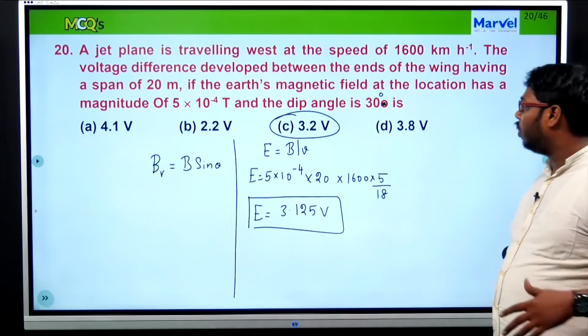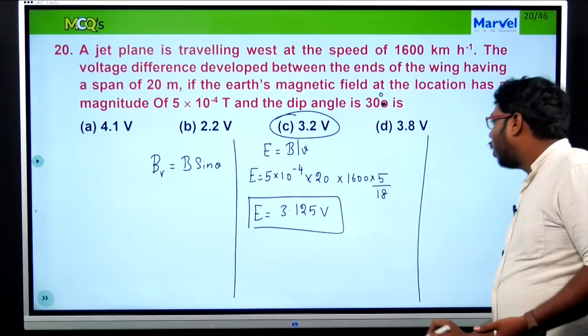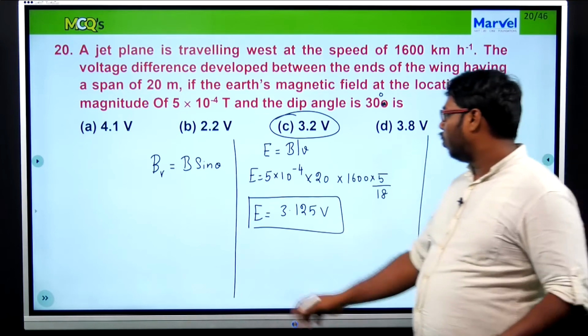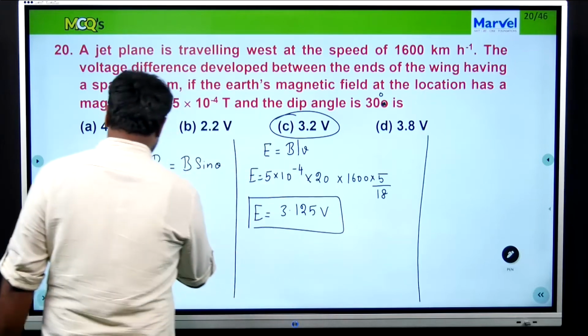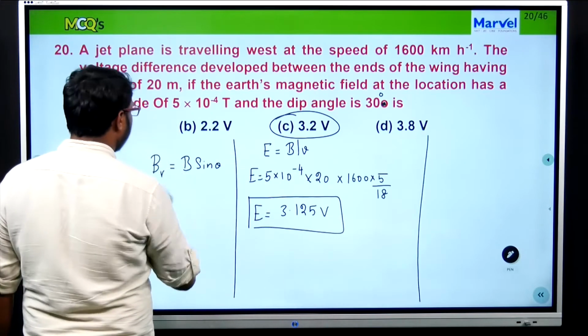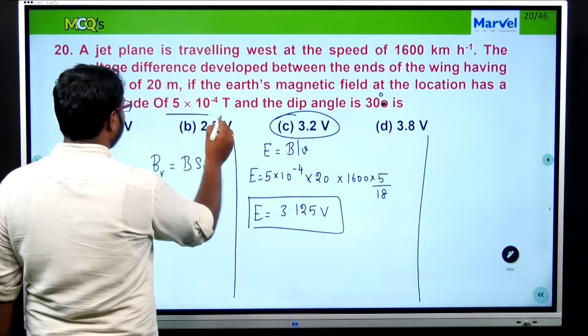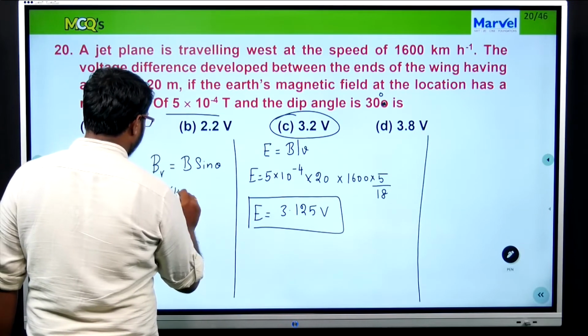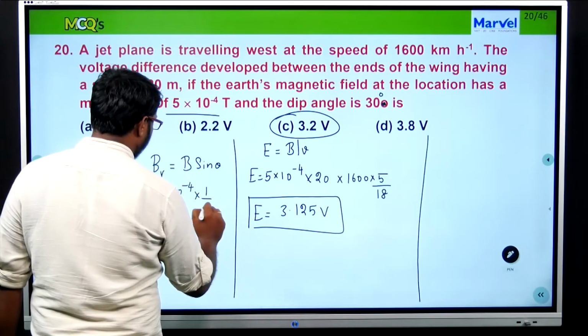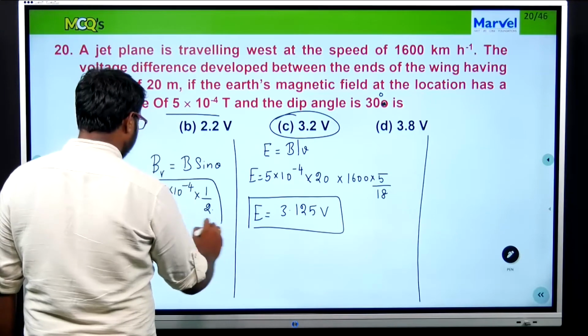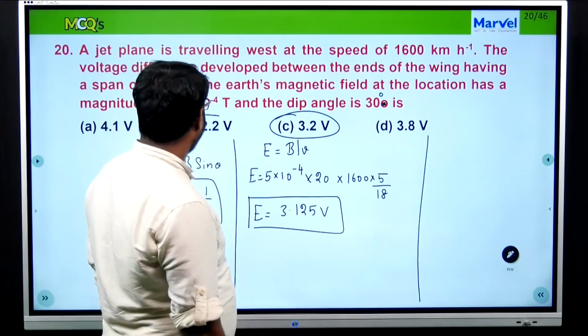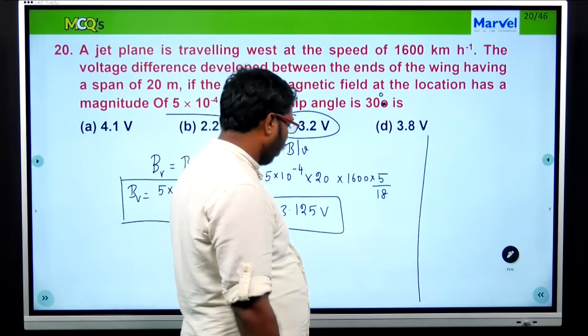In case you want to find the vertical component of the magnetic field, you can just do this. BV is equal to the total magnetic field, 5 into 10 power minus 4, into 1 by 2. If you do this, you will find the vertical component of the magnetic field straight away.